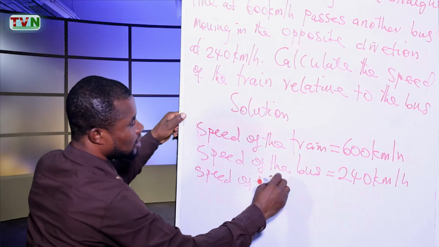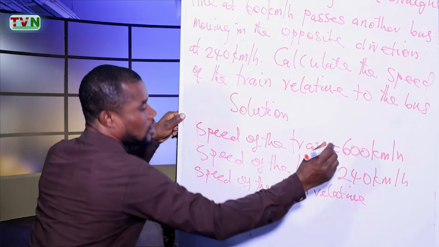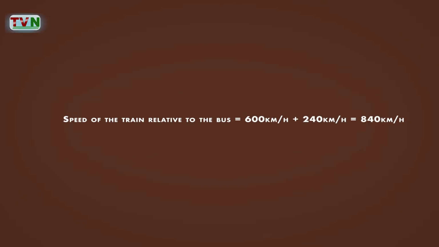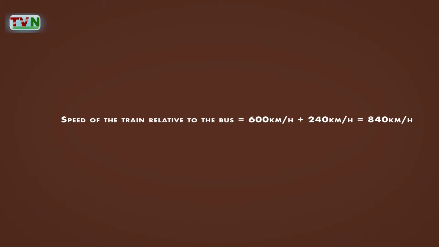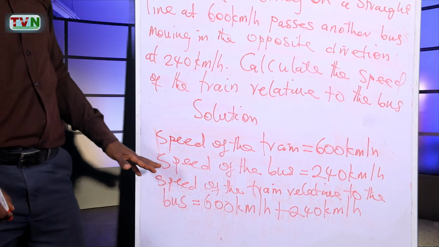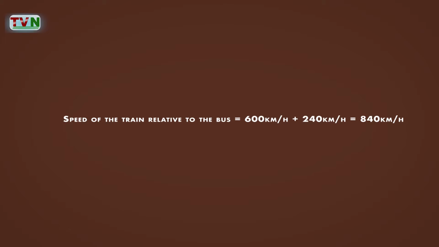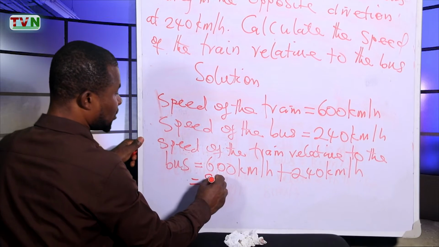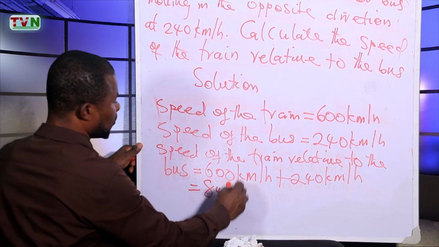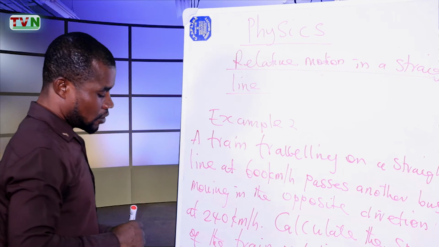Speed of the train relative to the bus is equal to 600 km per hour plus 240 km per hour. The answer gives you 840 km per hour.